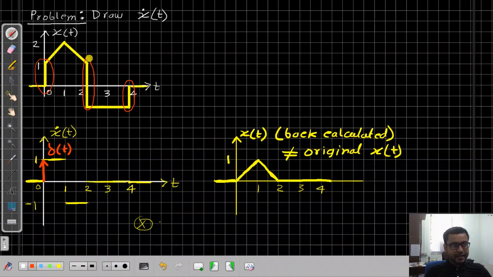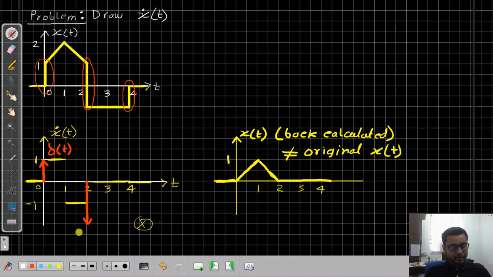Then here I have a step decrement. So here again I have to add a delta function, but this time the delta function will be negative because it is decreasing. Also the amount of decrease is 2 units, from 1 to -1. So therefore I shall draw a delta function with double strength.